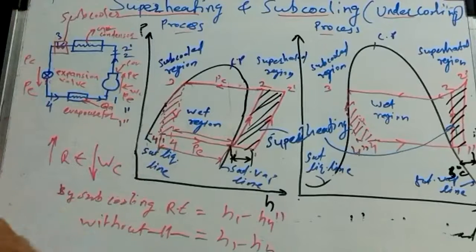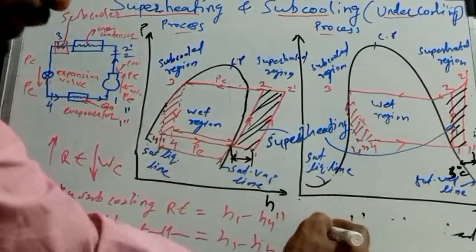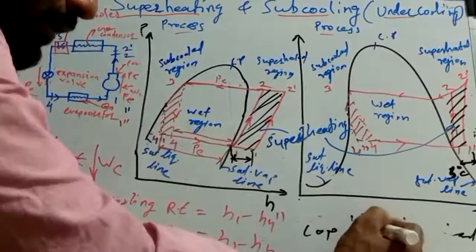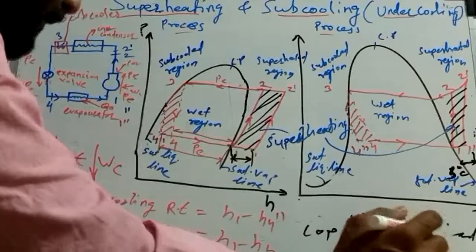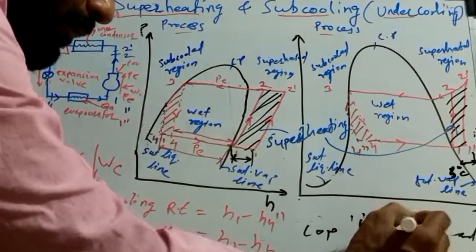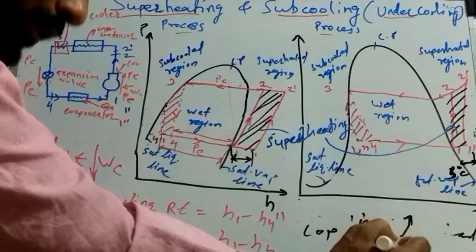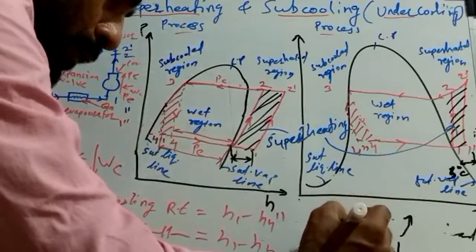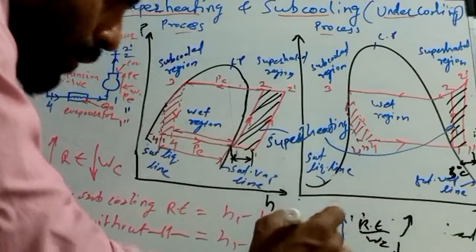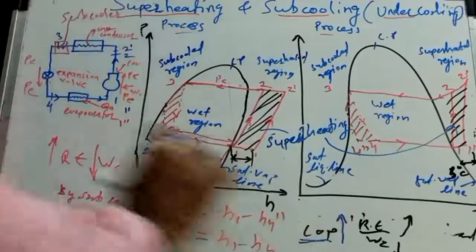If you see the formula of COP, it is refrigeration effect upon work of compression. As the refrigeration effect increases and the work of compression decreases, the ultimate effect is that the COP of the system with the undercooling process will definitely increase.